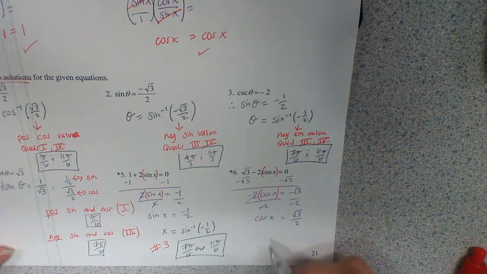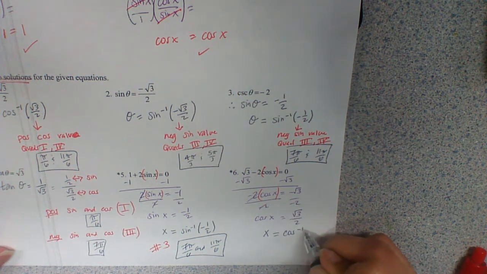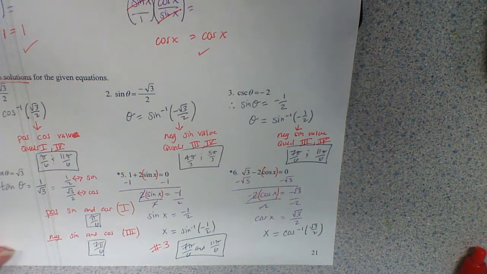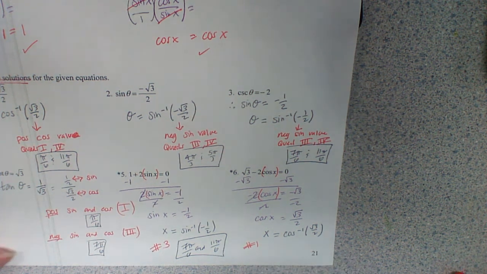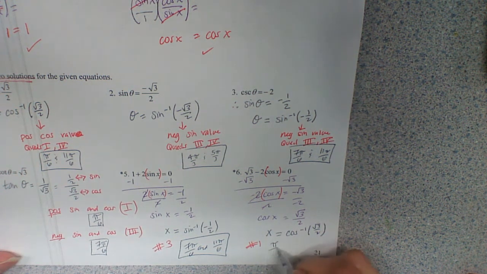So now again, for what angle is cos square root of 3 over 2? That should be very familiar. That actually turned into number 1 from up above, and the answer we had was pi over 6 and 11 pi over 6.